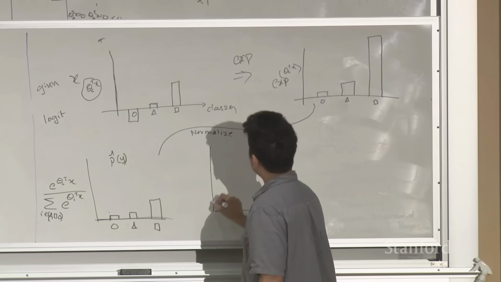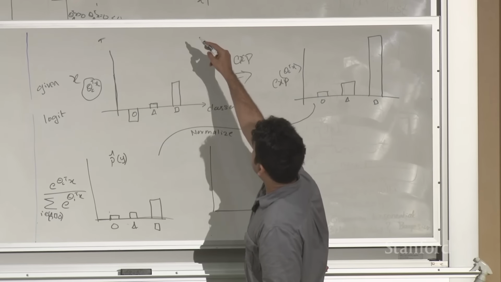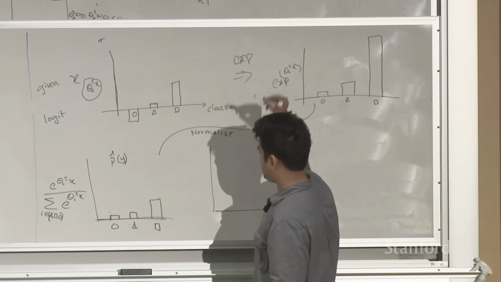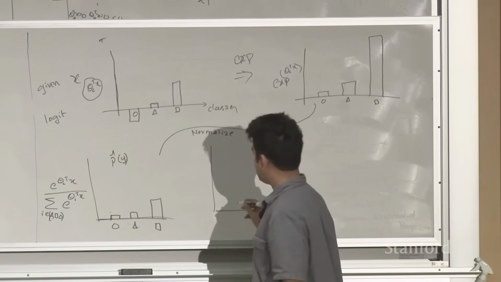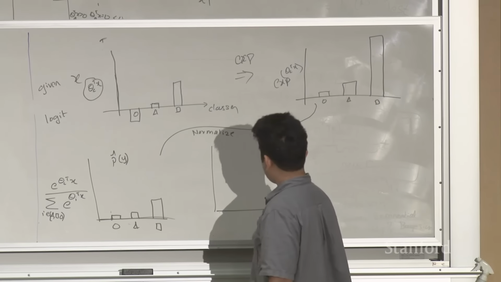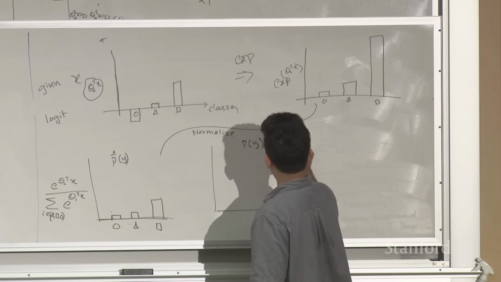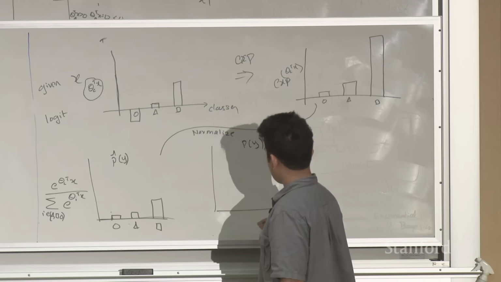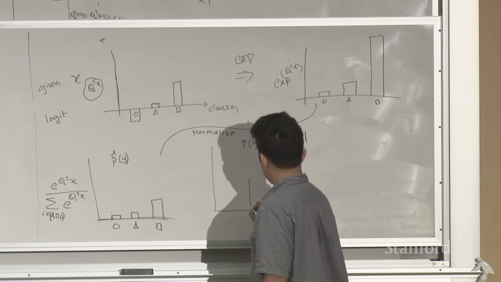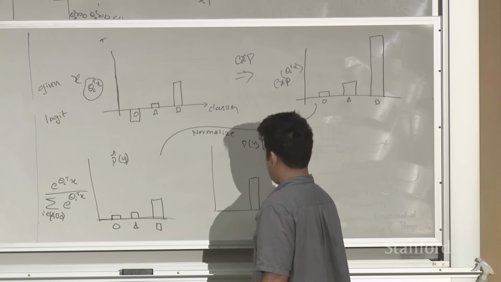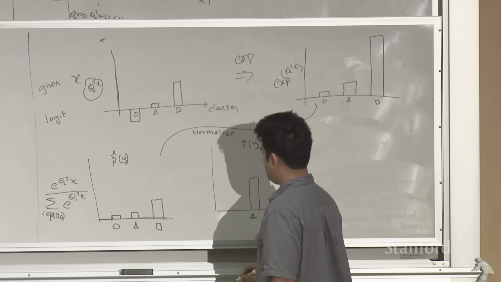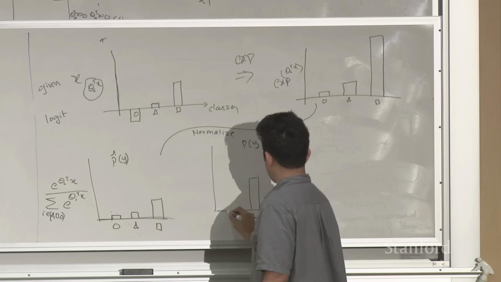Let's say the point over there was a triangle for whatever reason. If that was the triangle, then the p of y, which is also called the label, you can think of as a probability distribution which is 1 over the correct class and 0 elsewhere.